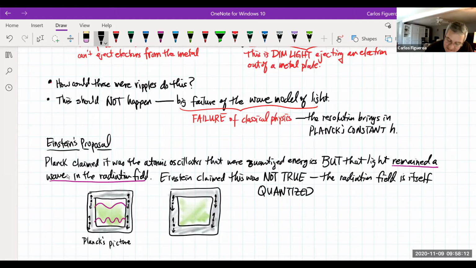And when he says quantized, he defines photons as the energy carriers of light.